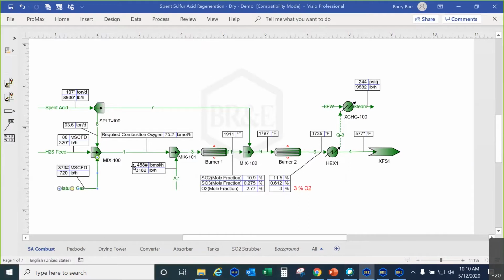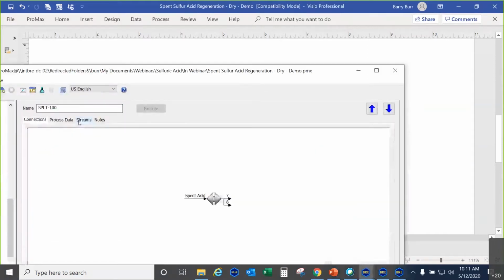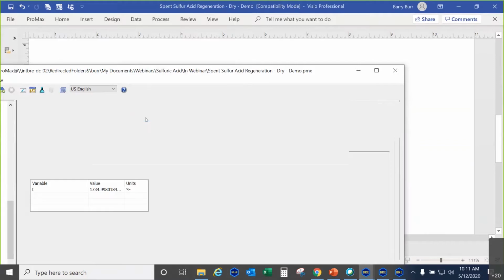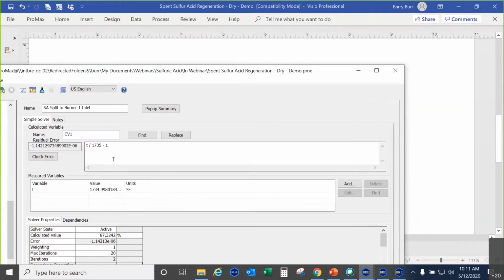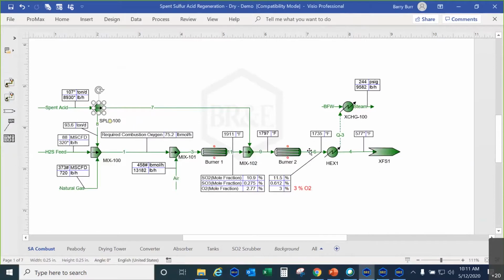We also have another solver that is adjusting the spent acid distribution so that some of it goes to the first burner and then some goes to the second. So we have a solver that's making sure that the temperature past the second burner equals 1735 degrees. So that's how we're simulating this combustion section of this particular process.